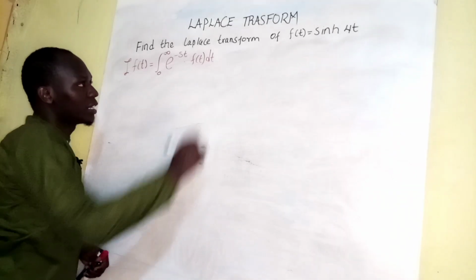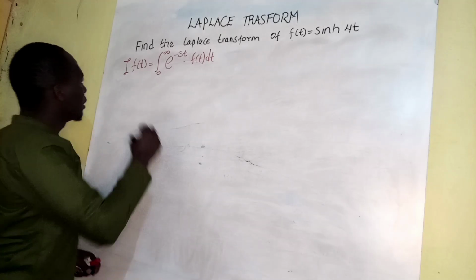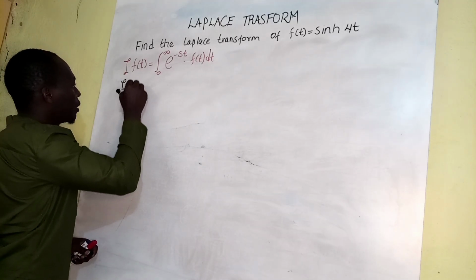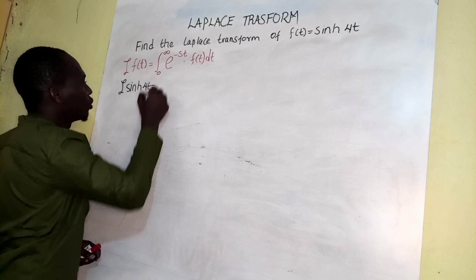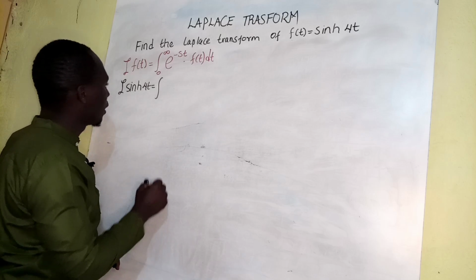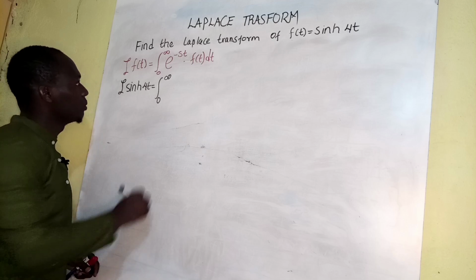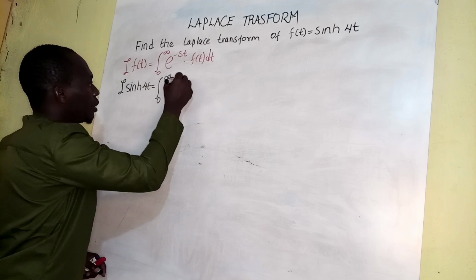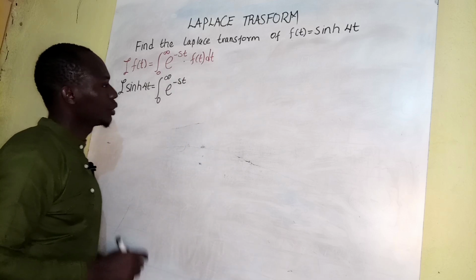We were told to find the Laplace transform of sine hyperbolic 4t, to mean that the Laplace transform of sine hyperbolic 4t is going to be equal to the integration, with respect to our limits 0 up to infinity, of exponential negative st multiplied by our function f of t.